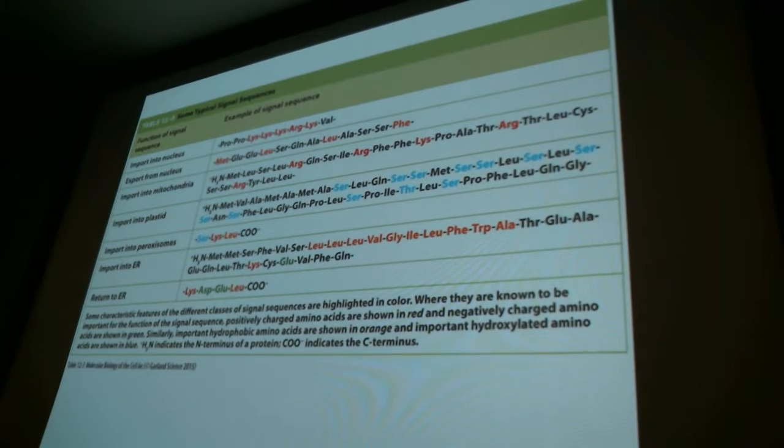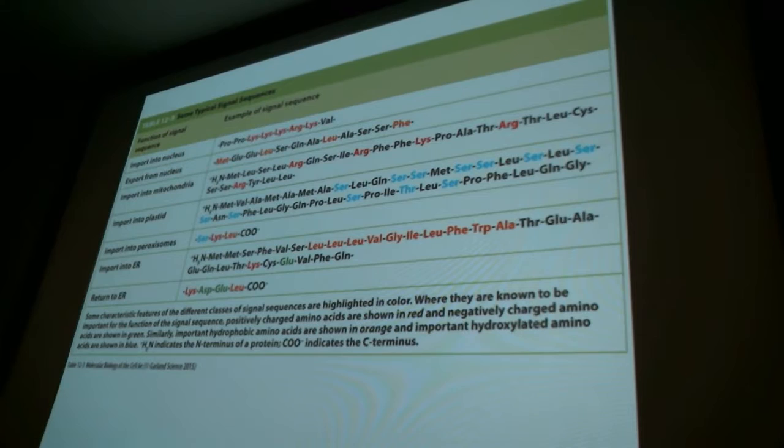We're going to talk later, when we talk about mitochondria, about the really interesting different systems that evolved. And interestingly, since mitochondria and plastids had a bacterial origin, these signals are different than the signals that we see in the ER.